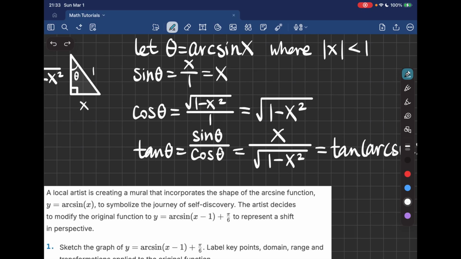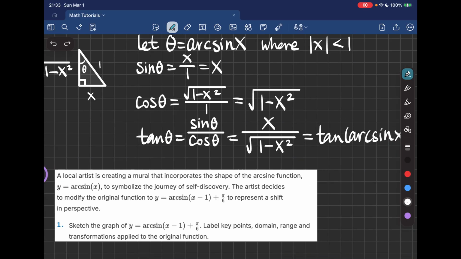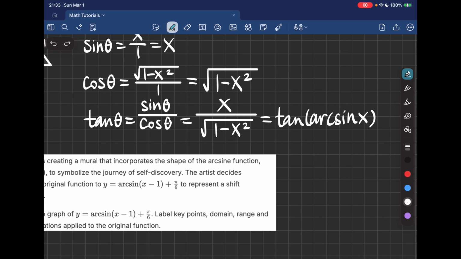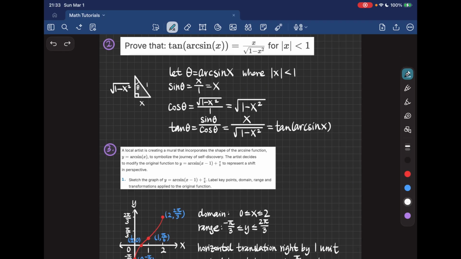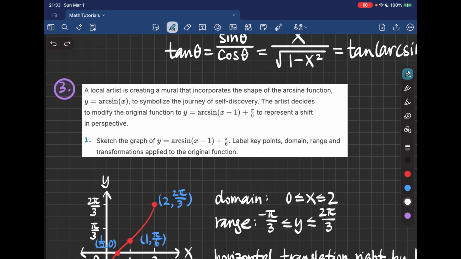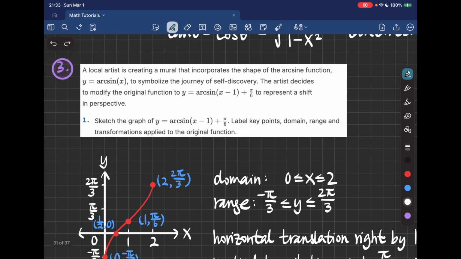And tan theta, which is equal to sine theta over cosine theta, you just need to divide x using this, and then you'll be able to show that tan theta equals this thing, which equals tan arcsine x, and that's because theta equals arcsine x, and you just manage to write them all in a long equation, and it's done.